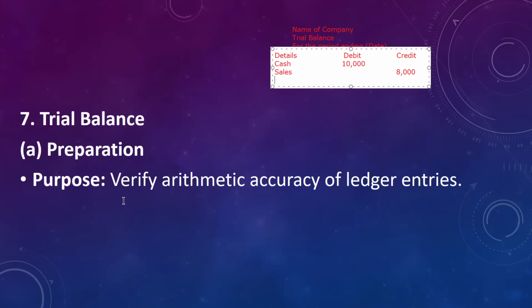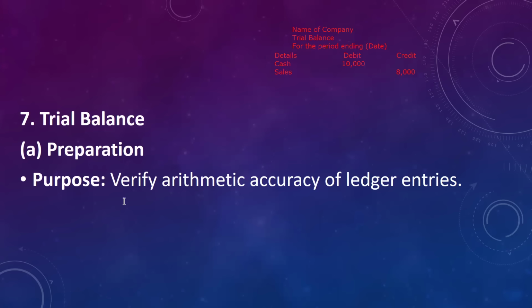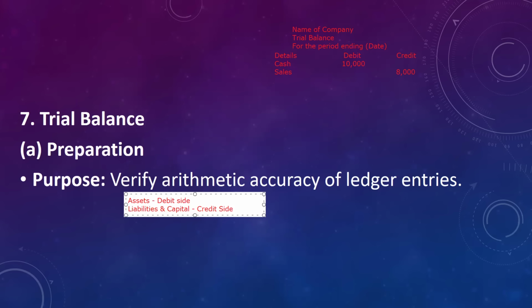Now remember, assets have debit balances. All assets, their balances will be on the debit side of the trial balance. Liabilities and capital have credit balances. They would be on the credit side of the trial balance. If you can remember, just remember what side they increase on. When assets increase on the debit, they would be on the debit side of the trial balance.